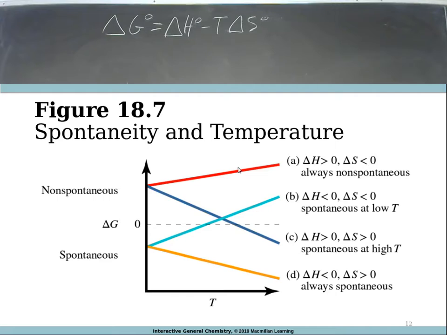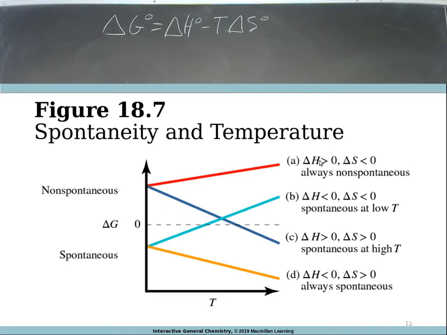Then it will start with a delta G greater than 0, even at, in this temperature axis here, the x-axis, the temperature, it'll start at 0, at absolute 0, and then increase as you go to the right. And we're not giving you numbers here, but temperature can go forever. So let's say that the left side here is 0 and the right side is 10 billion Kelvin.